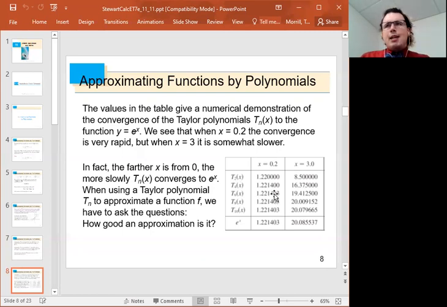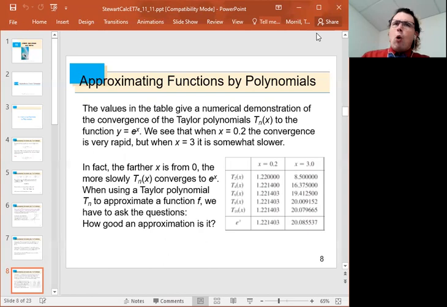But if I try the same thing for x equals 3 instead, it takes me a longer time for those decimal values to get locked in, right? I don't even have the integer part of this number correct until my 8th Taylor polynomial. And even then, I'm not getting useful information. I would have to go further out and take higher degree Taylor polynomials.